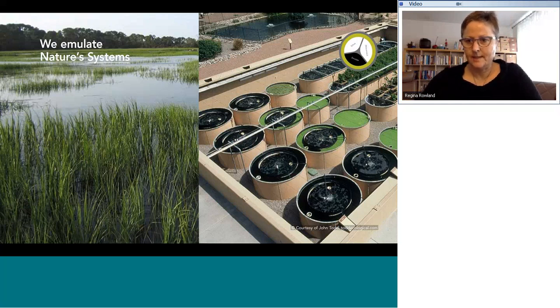And at the end of the sewage system, in the last container, when the water comes out, it's actually drinking water quality. So this was an example of how we emulate nature's systems.